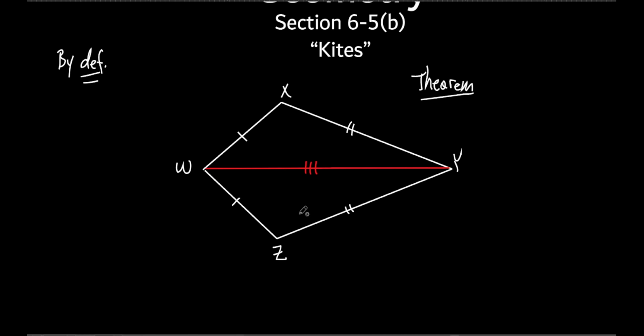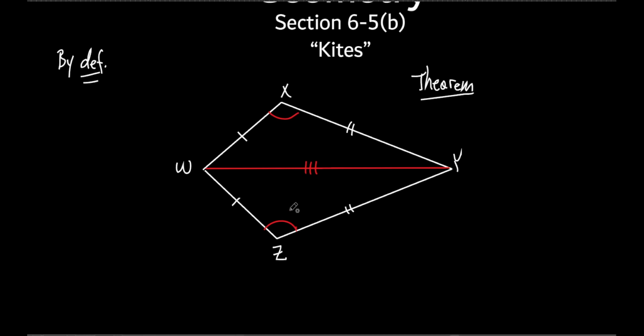So if these two triangles are congruent to each other, then the corresponding parts, the parts that match up, have got to be equal to each other as well. Agreed? So that means that angle X is equal to what? Angle Z. Why? Because they correspond to each other.